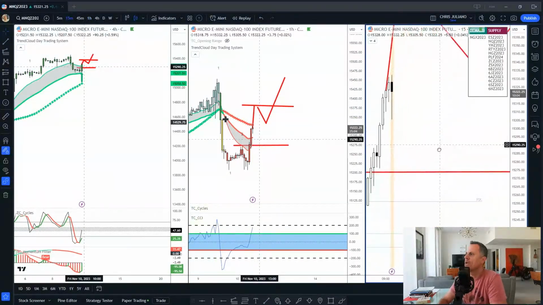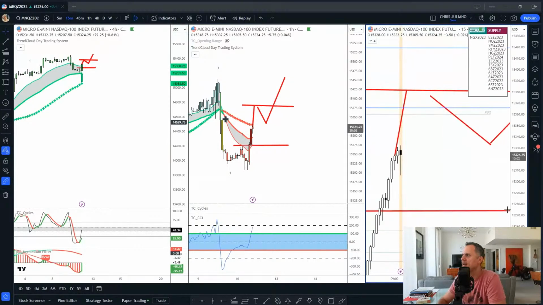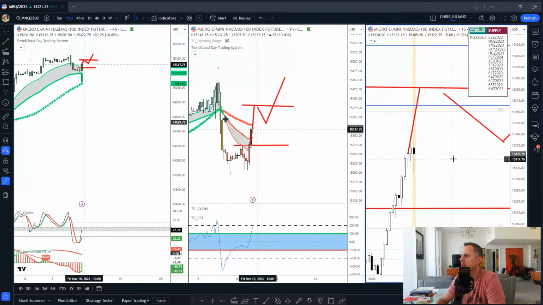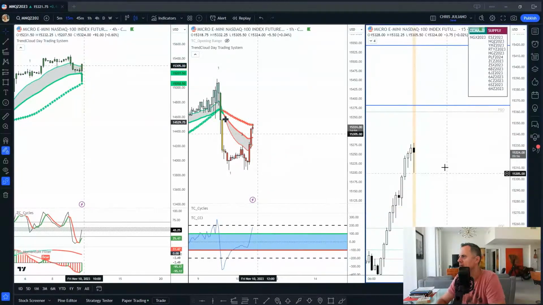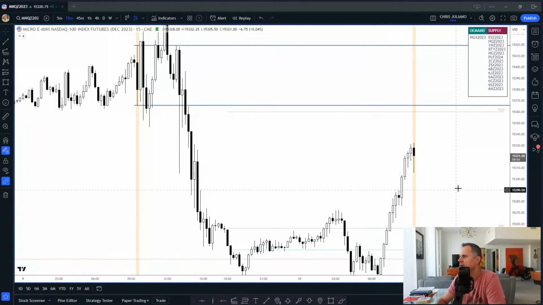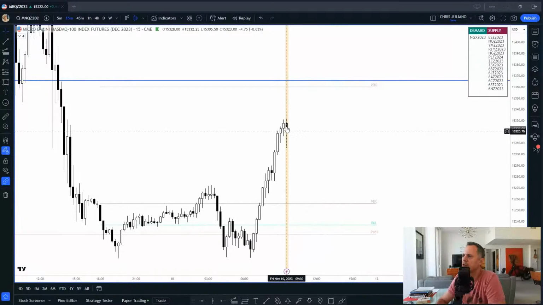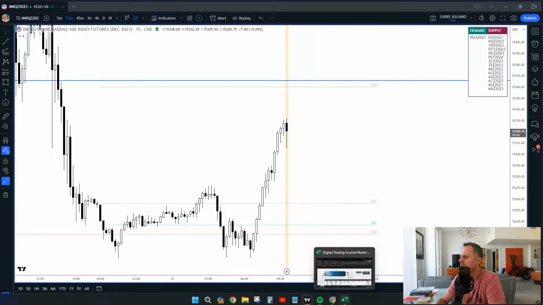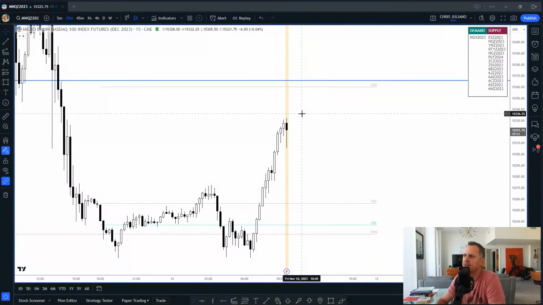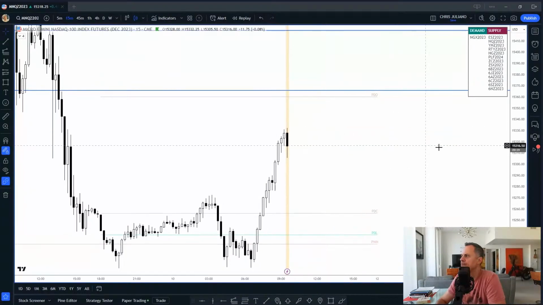Let's see, where can we capture that? Where can they capture that? Well, possibly somewhere in here, right? Here's the opening range is forming. 935 at 945, we'll have some kind of opening range.